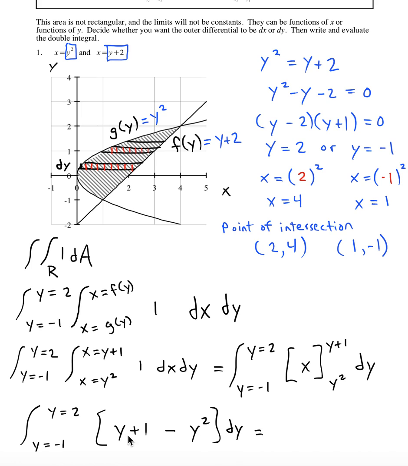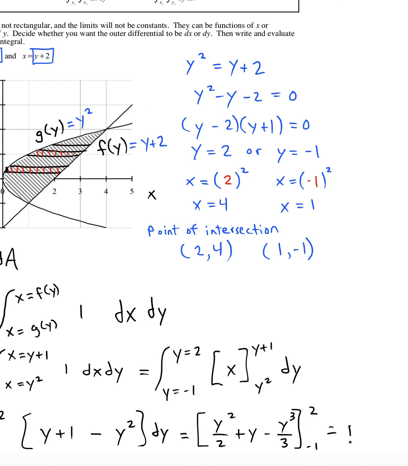Now let's get an antiderivative for all this, and use our limits from -1 to 2. I get 3 halves, or 1.5.